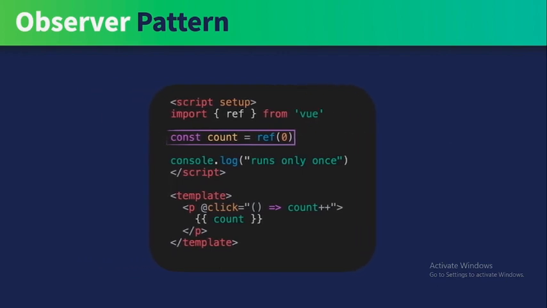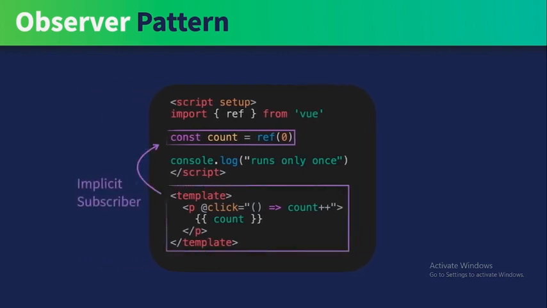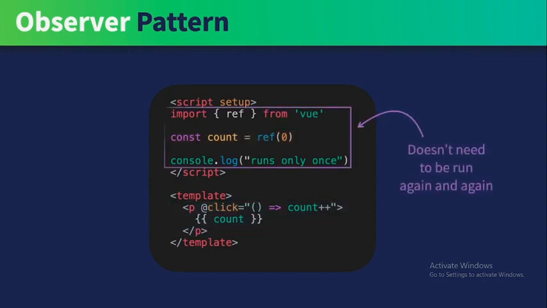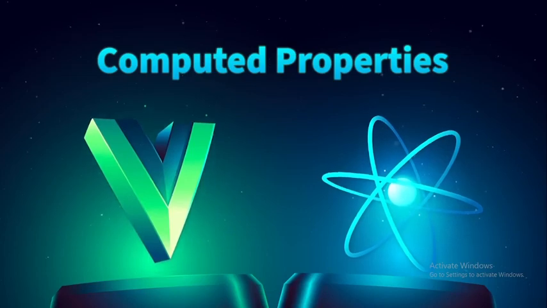For example, the template of a component is an implicit subscriber of the state in that same component. That's why when a state is changed, the template will be executed again. And that's why the script block doesn't need to be run again and again. In the next lesson, we'll see how this observer pattern applies to creating computed properties.